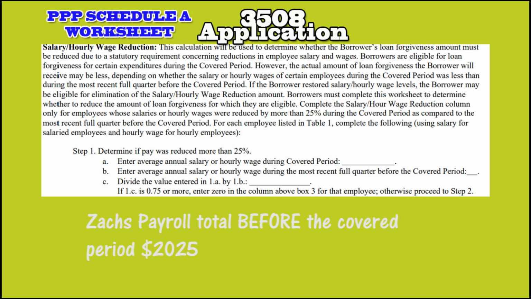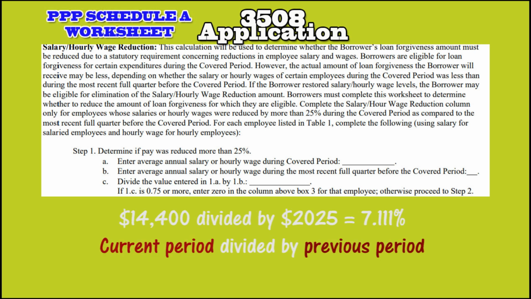So in this, on B, we're going to enter $2,025. So what we would do at this point is we're going to take $14,400 and divide that by the $2,025 that we paid him before we received our loan.